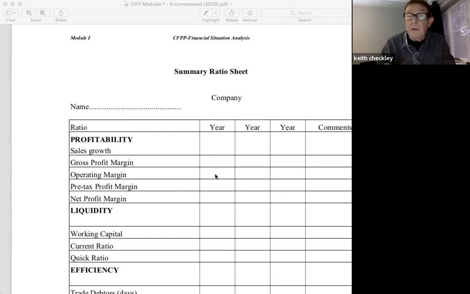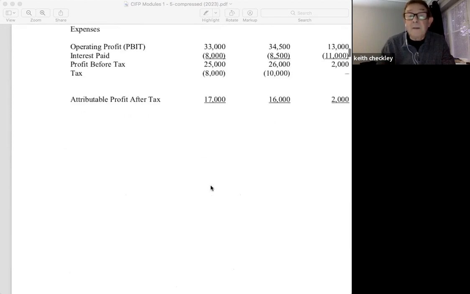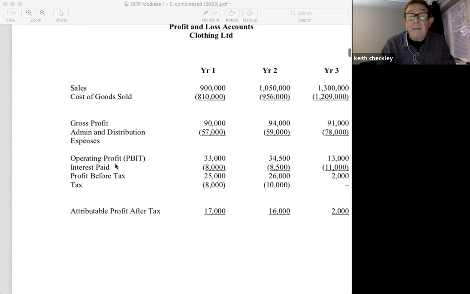That's a lot lower than the gross profit because of the overhead costs. Let's go to the pre-tax profit margin. It's there, look, profit before tax. So this time we've got 2 to do before we close. $25,000 divided by 900,000 and multiplied by 100, and that will give us the pre-tax profit margin.